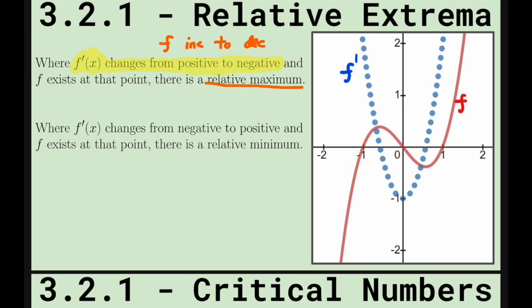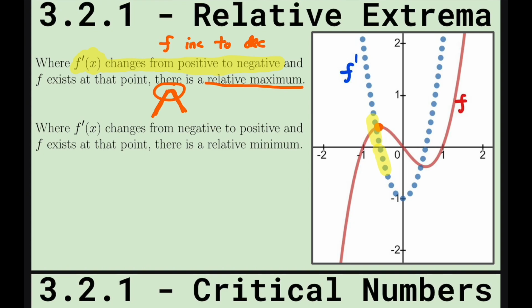You can imagine a function that's increasing and then decreasing. It makes a hill because it went up and then down. That's a relative max. You can see that right here. The derivative is positive here in the blue and then negative here. So where it switches, that's where the relative max is happening.